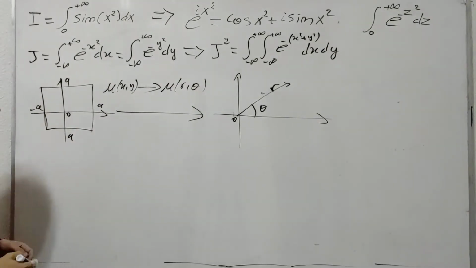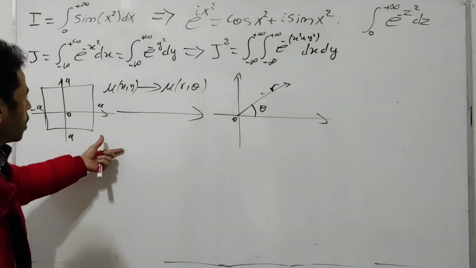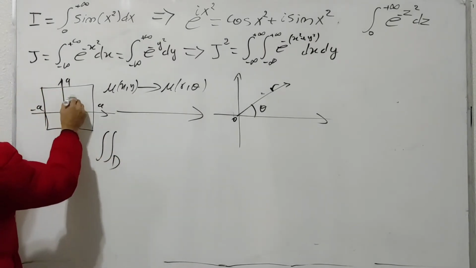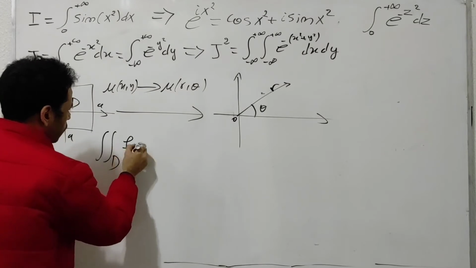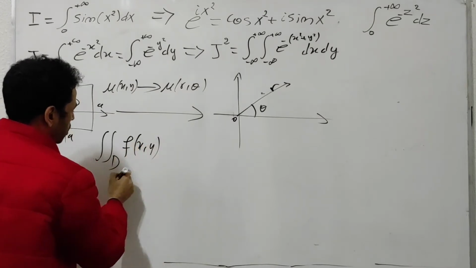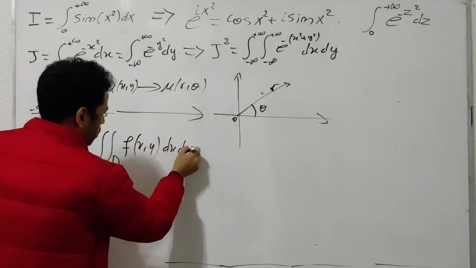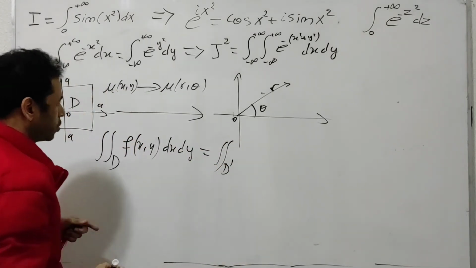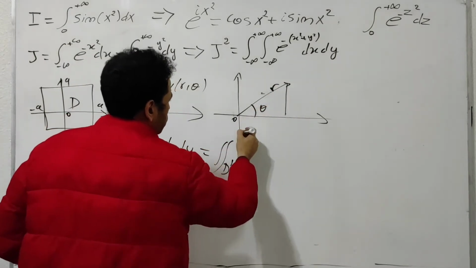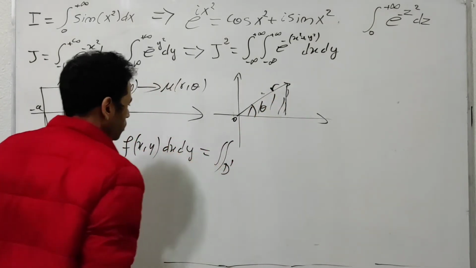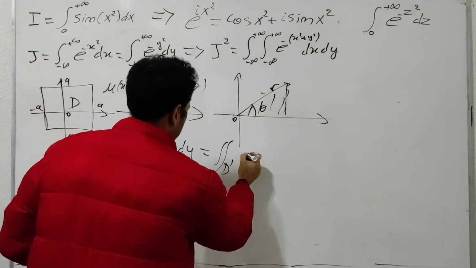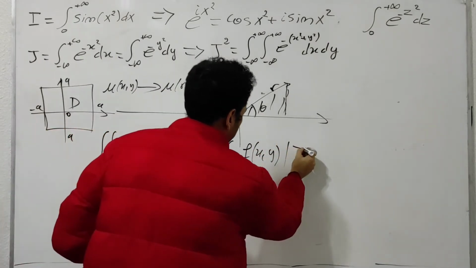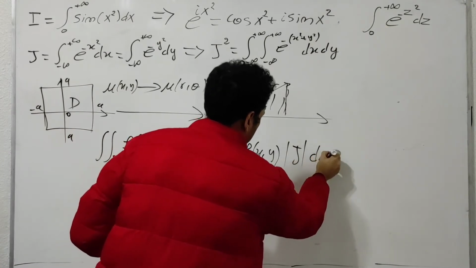Okay, so now we have the integral transformation: the double integral over the region D, this region D, of f of x, y dx dy equals the new integral over the D prime region, which is this one, of f of x, y multiplied by the Jacobian determinant, dr d theta.